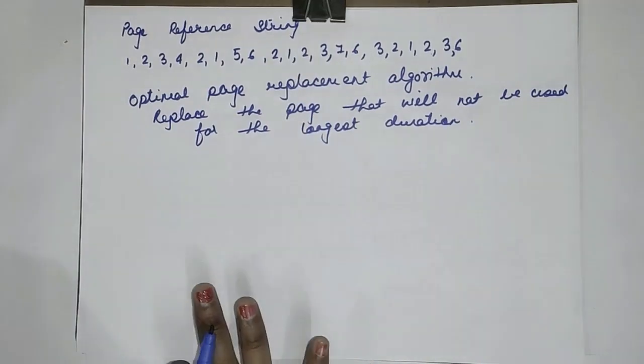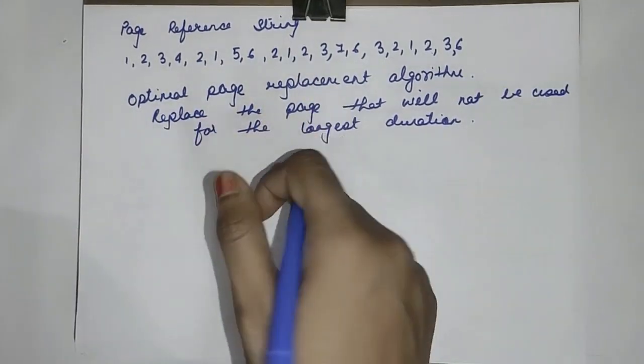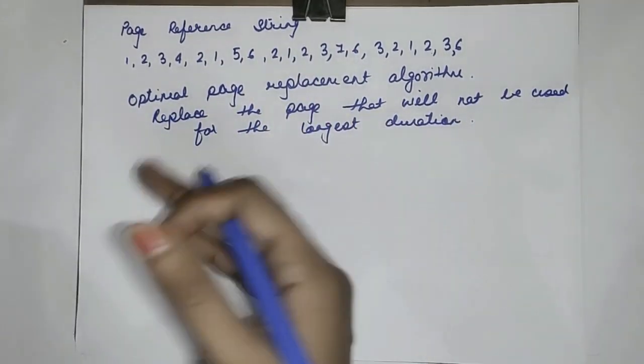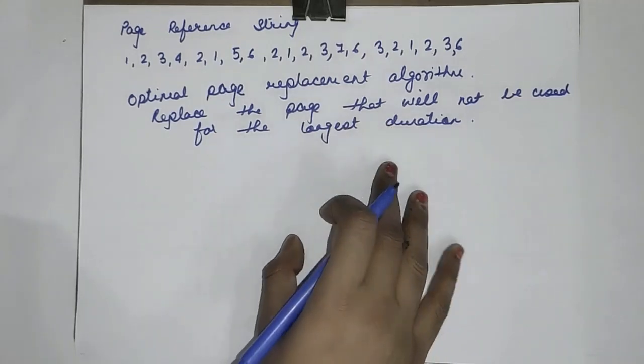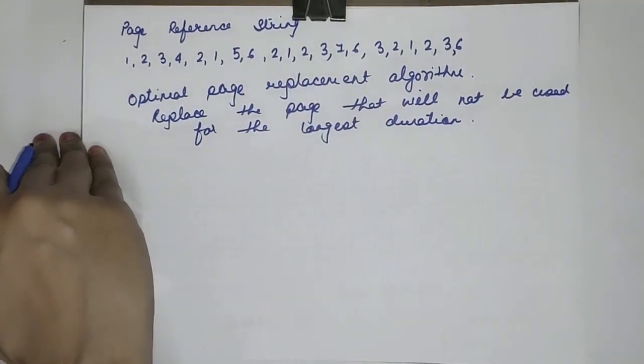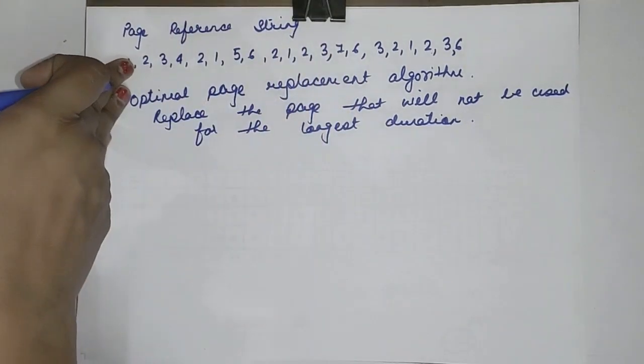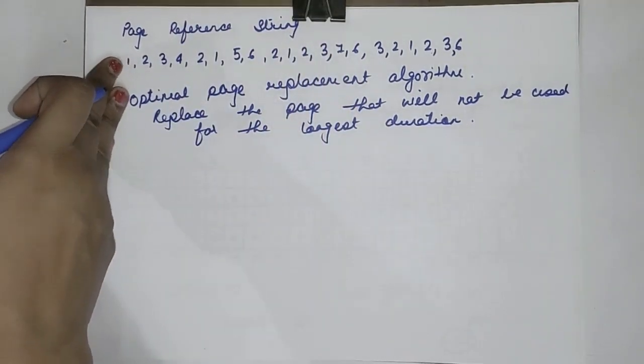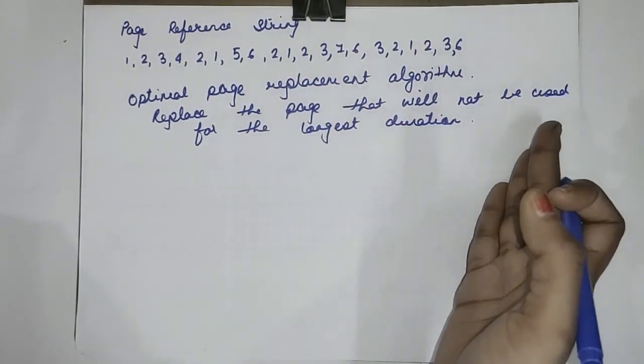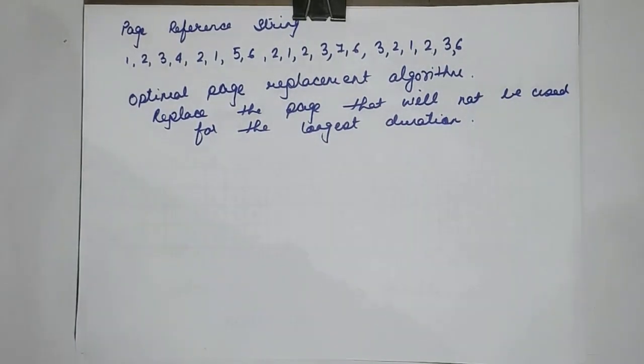In LRU, I was watching the past to see which page is not being used recently. Here I am going to see the future and check which page is not going to be used in the future.